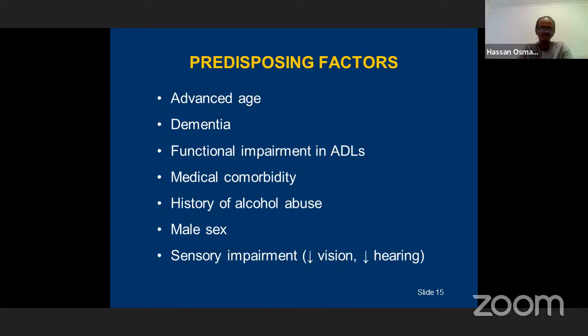This is one of the most important risk factors. Unfortunately, there is always a coexistence between dementia and delirium. Dementia might be a risk factor for delirium, and delirium might make the development and prognosis of dementia much worse.